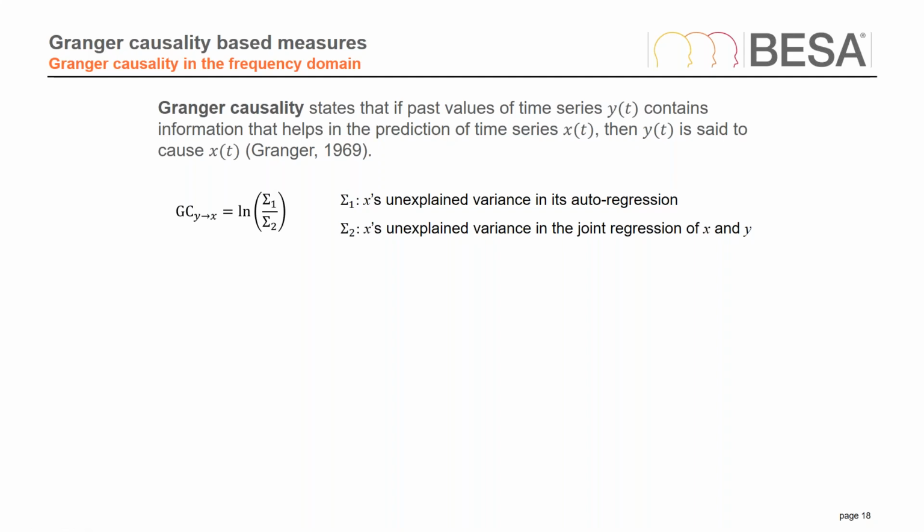This sounds really complicated, but just imagine that the joint regression is a better predictor than the autoregression. For example, if you have a smaller sigma 2 than sigma 1 because there's less unexplained variance in the joint regression, then the Granger causality will rise in this case from this formula, meaning that Y helps to predict the signal of X.